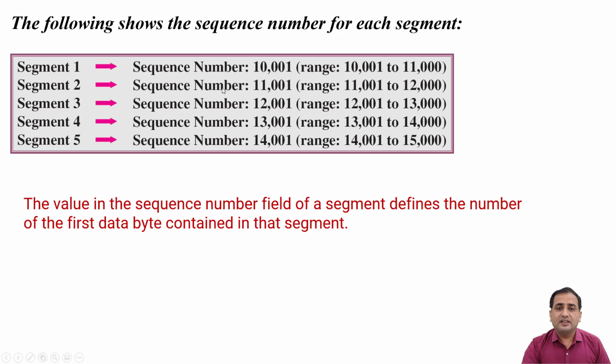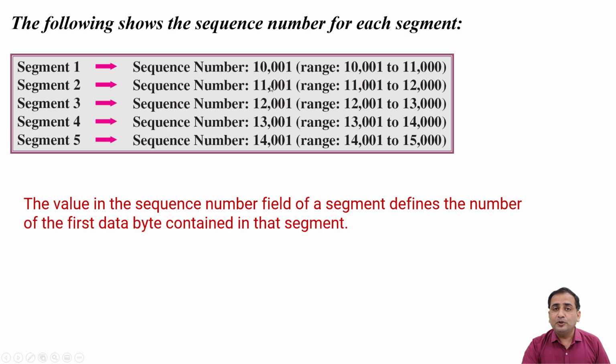So if you look at this example, let's say there is a segment 1 and the length of the segment is, let's say, 1000 bytes. So my first byte number is, let's say, 10,001. Right, and the last byte number is 11,000. So as I started with 1 and I'm ending with 0, I have 1000 bytes in segment 1. So if you look at the TCP header, the sequence number is going to be the first byte number, and that's nothing but 10,001.